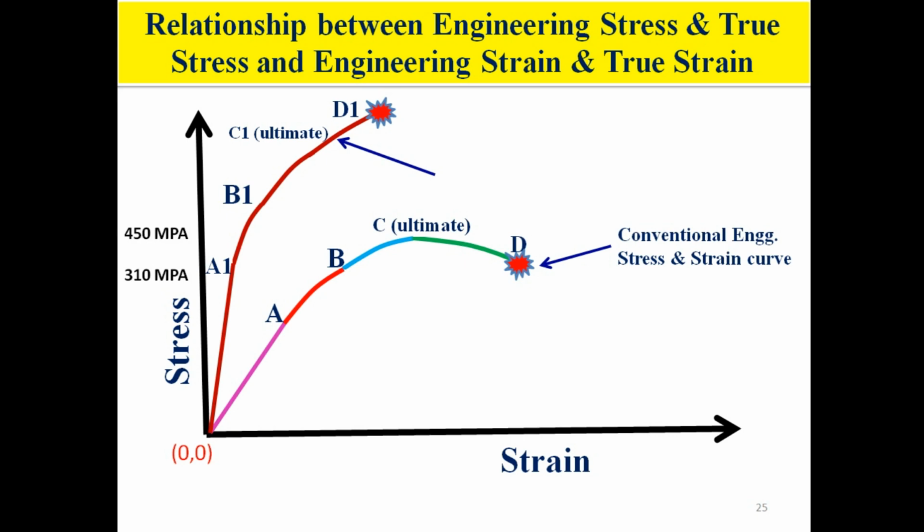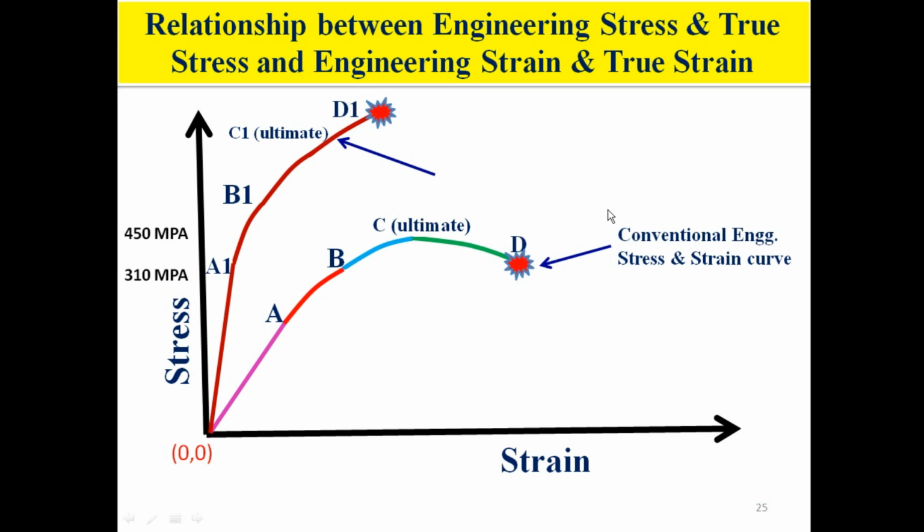See, in this curve we are not accounting for what changes happen during this process. We are keeping the original values the same here, but in the true curve it is not the case. We are accounting for everything changing as we change the loads.